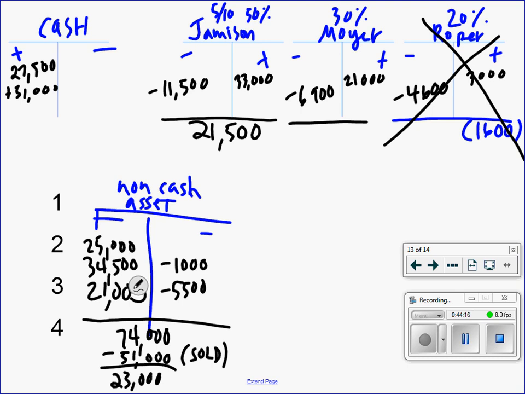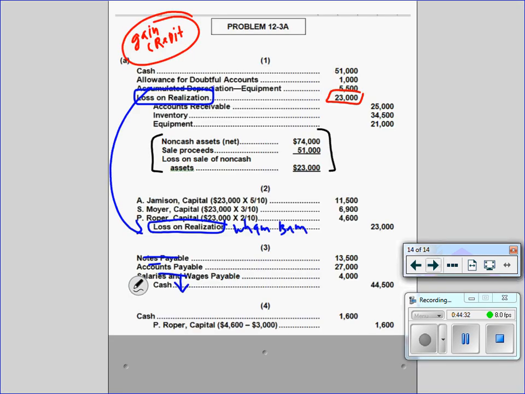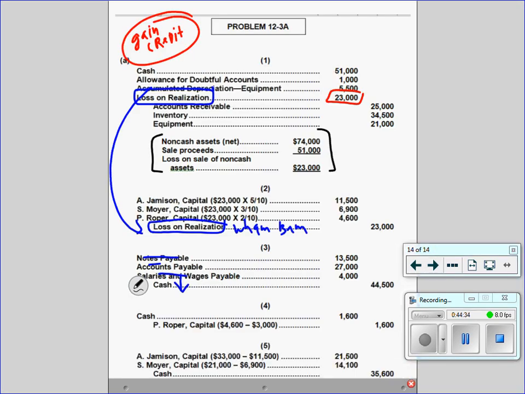Moyer has a balance of 14,100, and we want to wipe those out. They have credit balances, so we're going to debit them, and we're going to pay cash and shake hands and walk off into the sunset. Okay, so to journalize that, we simply wipe each of their capital accounts out, use our business cash, what's there to pay them, and the partnership is a done deal.